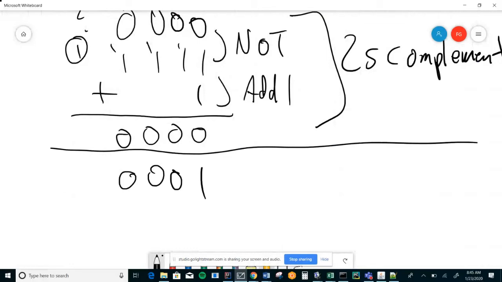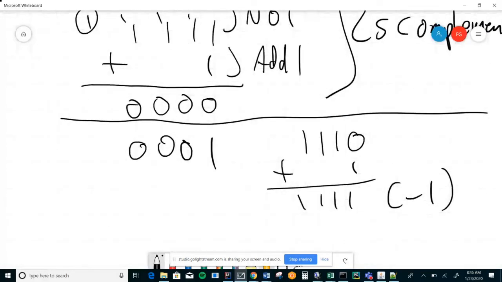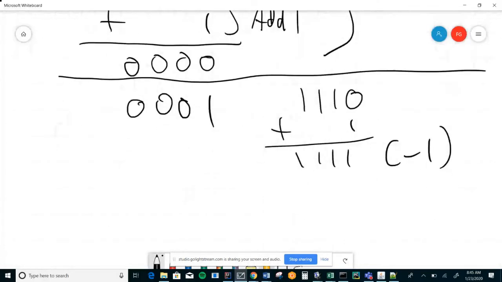We're going to do 2's complement on the number 1 to get -1. So we get 1 1 1 0. We add 1. And so -1 turns out to be 1 1 1 1. Now, how is this beneficial? Check it out. Let's say I want to do 2 minus 1. So I have this 2, and I want to subtract 1, or in other words, add -1.